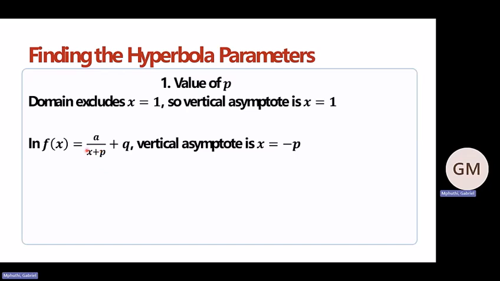But when we define the vertical asymptote, we look at the denominator only, so that it will tell us what is going to be avoided there. We always avoid division by 0. So our vertical asymptote is x equals minus p. Therefore, minus p equals 1, implying p equals minus 1.